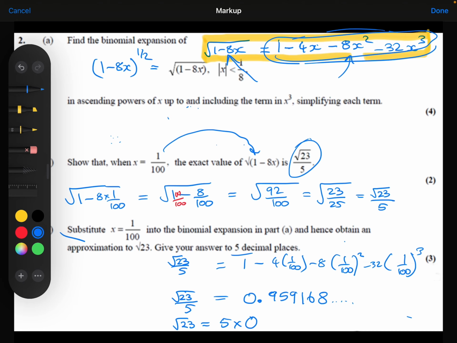So 5 times 0.959168. And we now get our actual approximation for root 23, which is 4.79584. And that is our actual approximation for root 23, which should make sense because you can see it's just below 5, which is what we'd expect for the square root of 23.